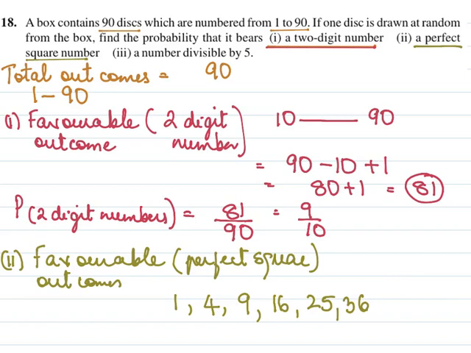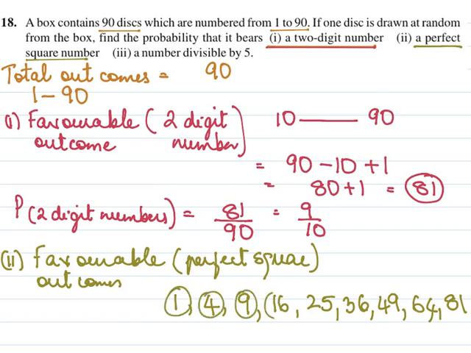Then 7 square, and that is 49. We have 8 square, and that is 64. And then 9 square, that is 81. Now 10 square is 100, so that cannot be included.